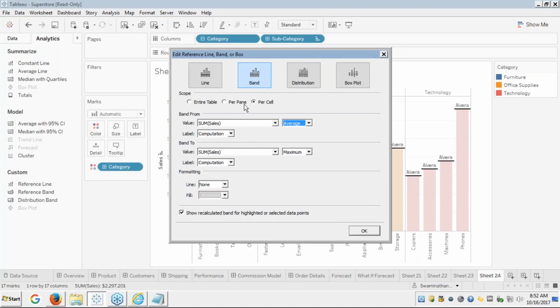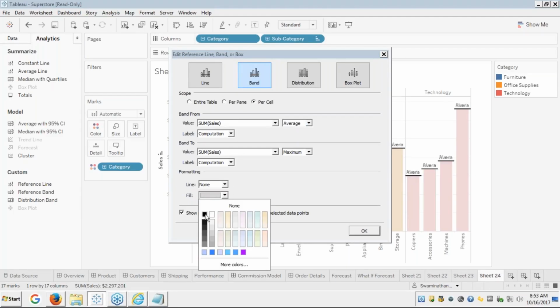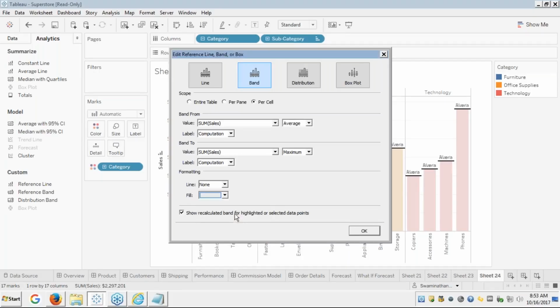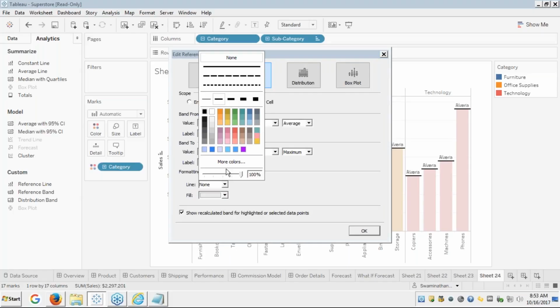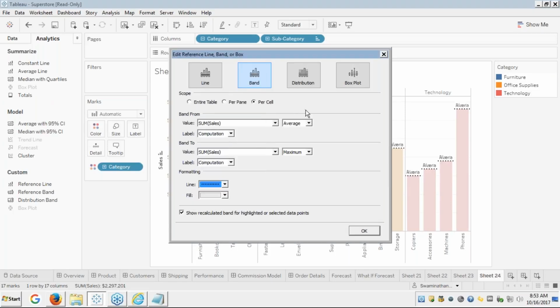I would like to see that as a reference band here. So you fill it with some colors, some lighter shades of blue or something like this. You draw a line with a dotted mark, and you have it done per pane.